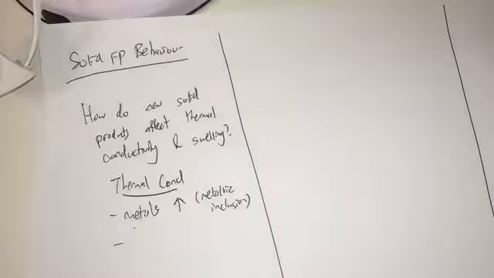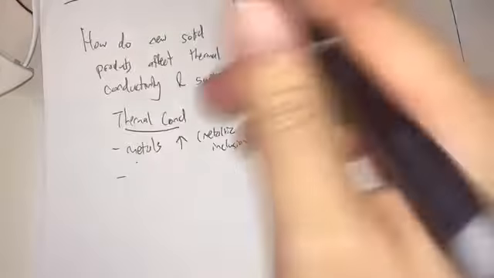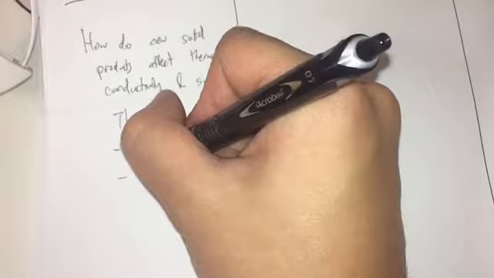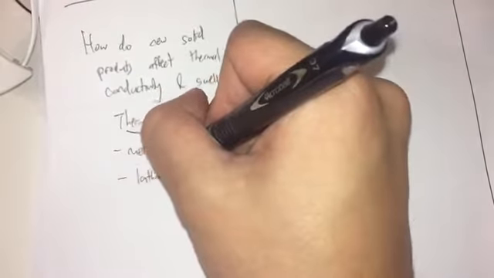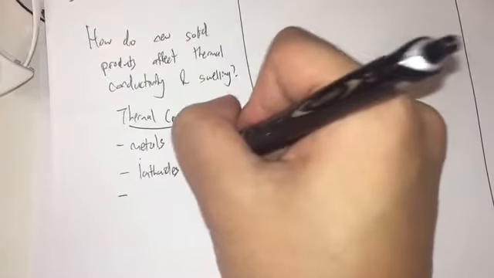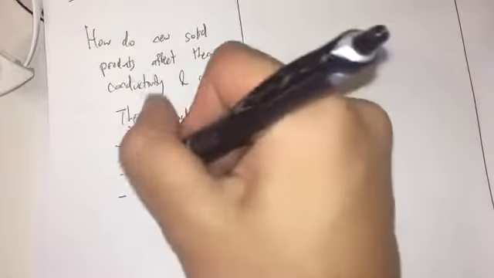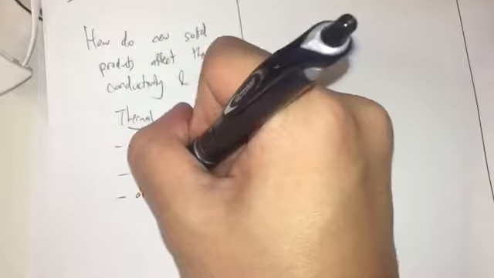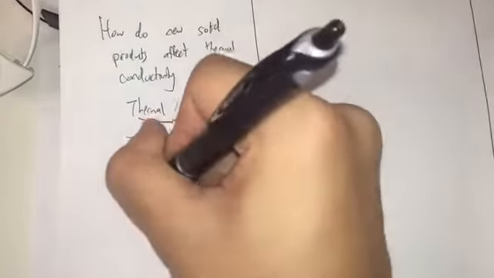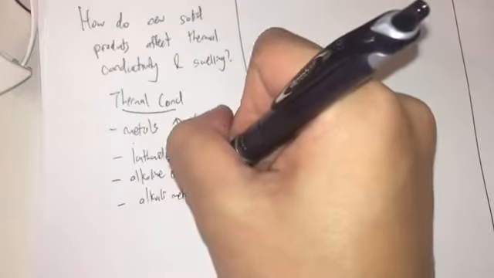But there are different oxides as well. We have the lanthanides that are generated. We also have the lanthanides, plutonium. We have alkaline earth oxide, and the alkali metals, alkali metal oxide.